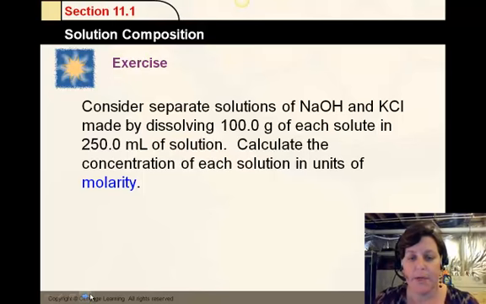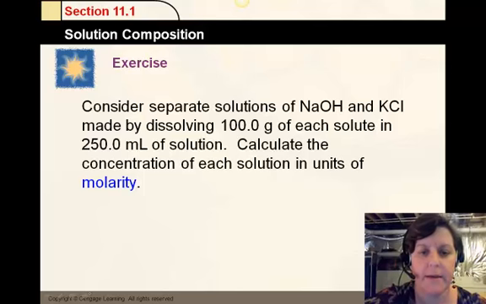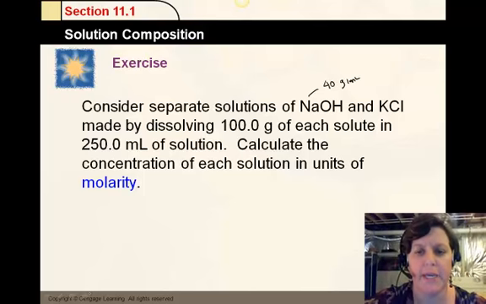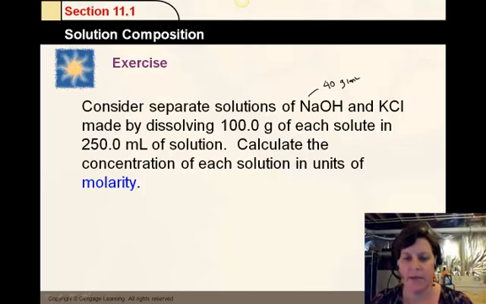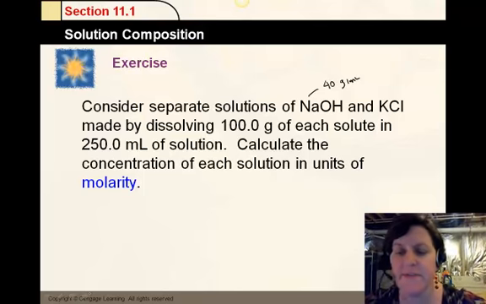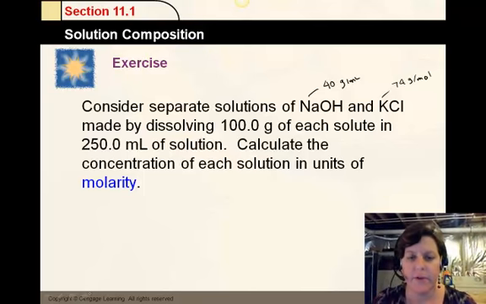And so you would first take the sodium hydroxide, let's say, and that's 40 grams per mole by looking up sodium and hydroxide. And KCl has a formula mass of 74 grams per mole.